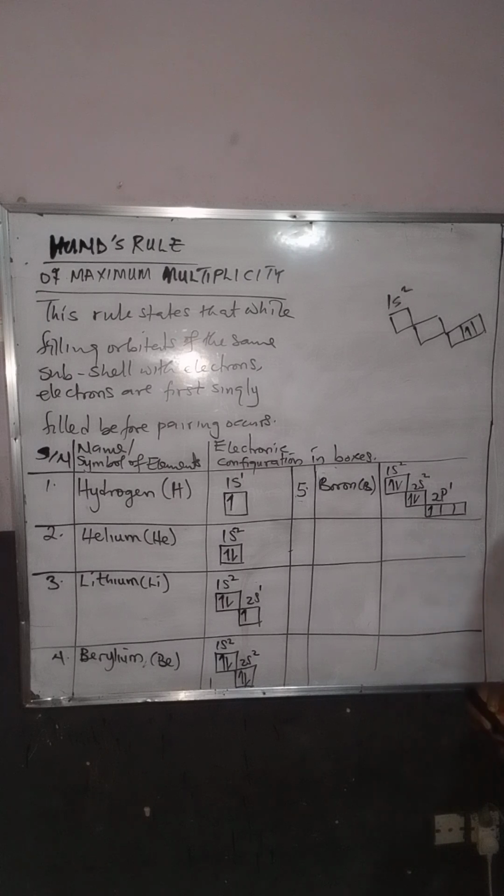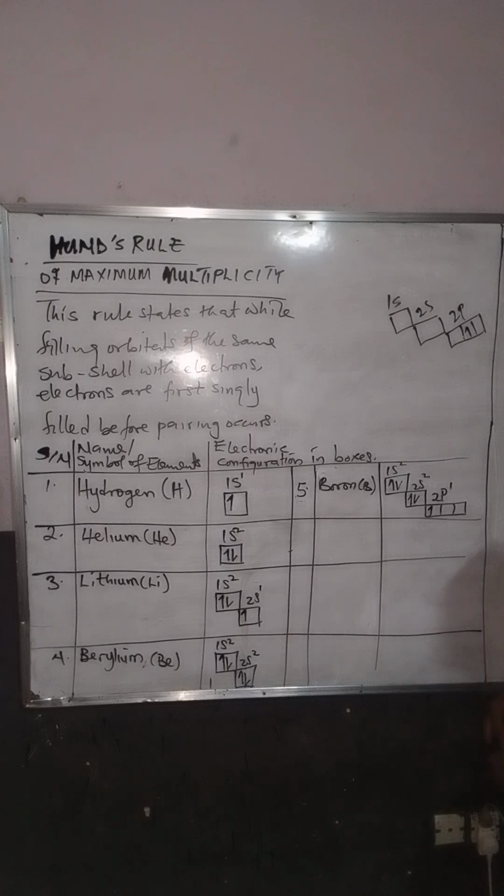They then say, mention 2 rules that are disobeyed with this. Number 1 rule disobeyed is Aufbau's. This one is not filled. This one is not filled. Then coming to fill this one, this is 2s, 2p. So Aufbau says what?